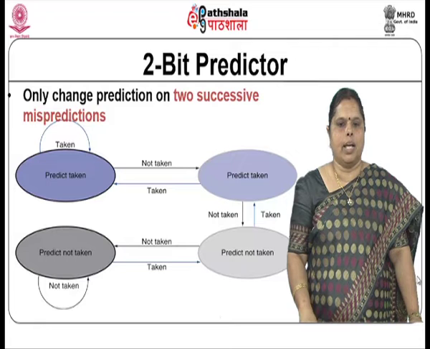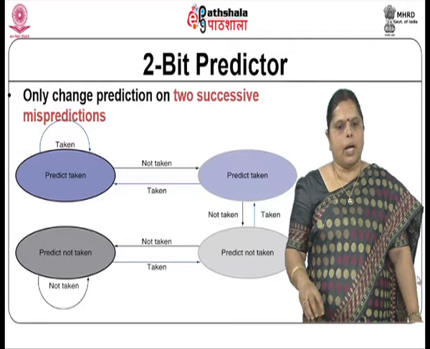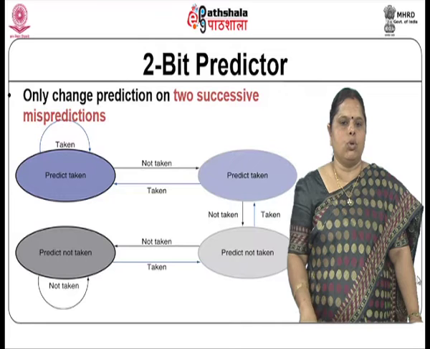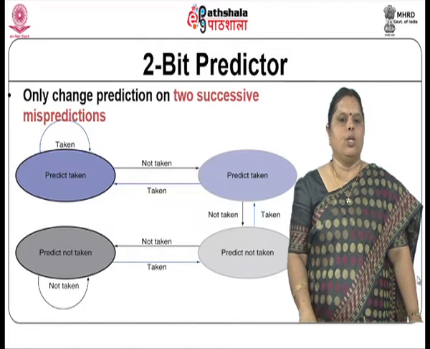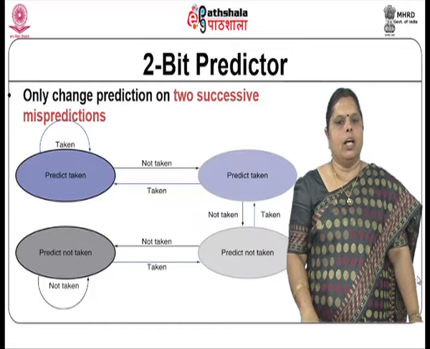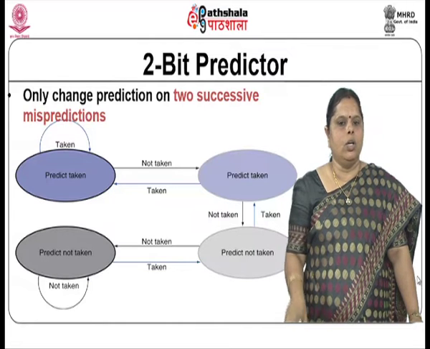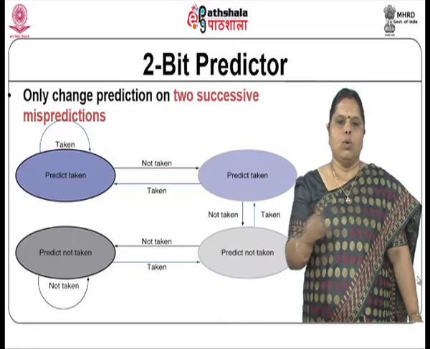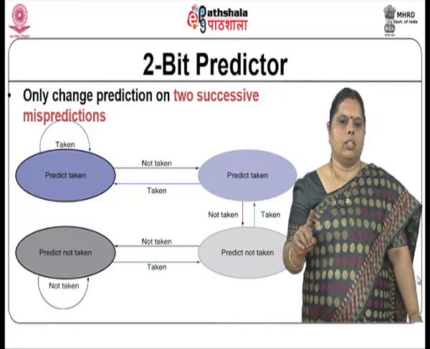If your prediction is taken and the actual outcome of the branch is also taken, you are correct, you just continue to remain there. On the other hand, if your prediction is taken and the branch is actually not taken, you mispredicted it for the first time.